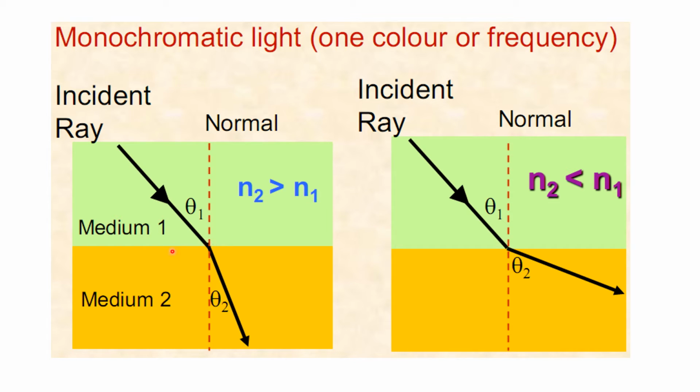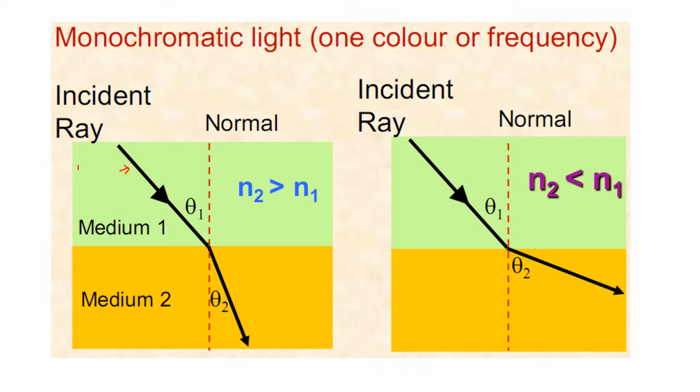This means that medium 2 is denser than medium 1. If medium 2 is denser than medium 1, the refracted ray approaches the normal, while the incident ray goes away from the normal.